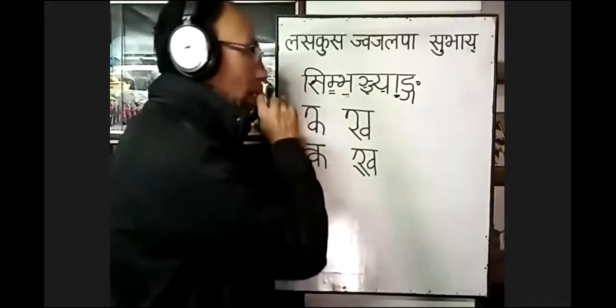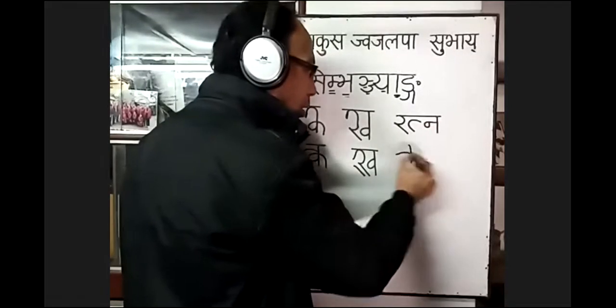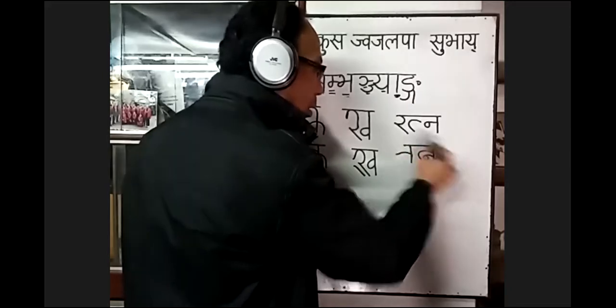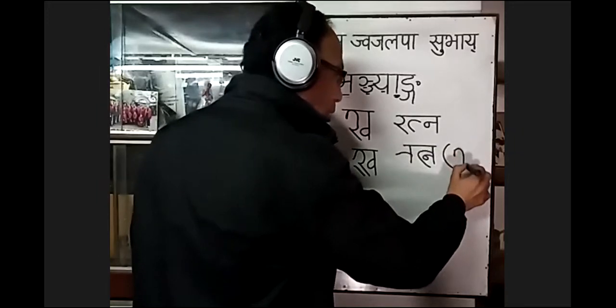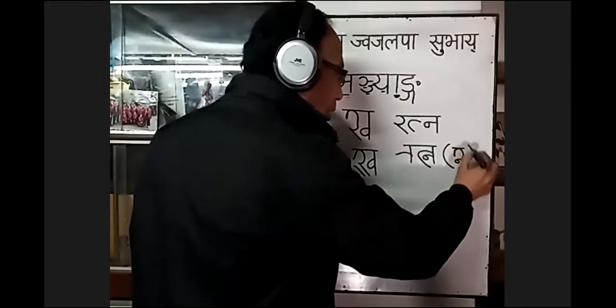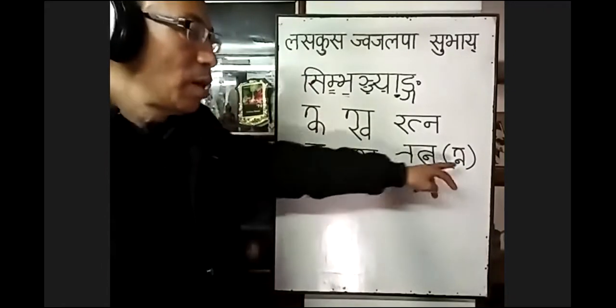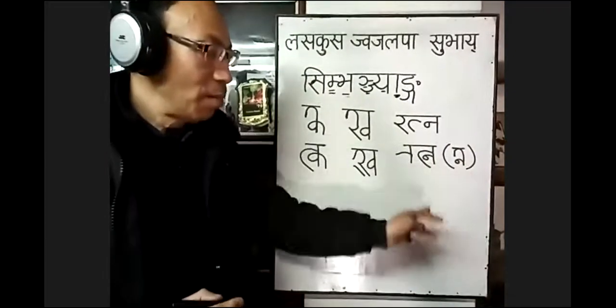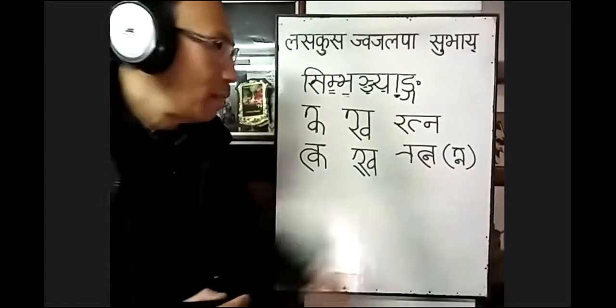Let's say Ratna. When you write Ratna, Ra, Ratna, or it can be written like this also. This is the same, Ratna. So in general, we write like this, but if we go to the manuscripts, we can see this kind of writing in the manuscript.